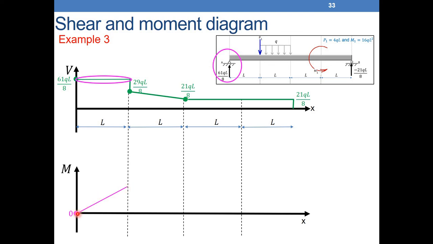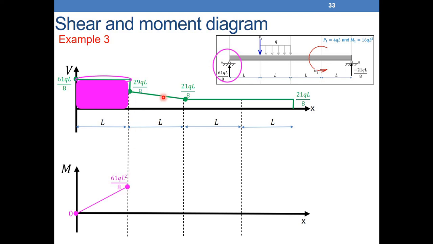The variation of M between this point and this point is equal to the area of this rectangle here. What is the area of this rectangle? It is 61 QL over 8 times L. So the variation between this point and this point will be equal to 61 QL square over 8. Since we're already starting from 0, we go to 61 QL square over 8.